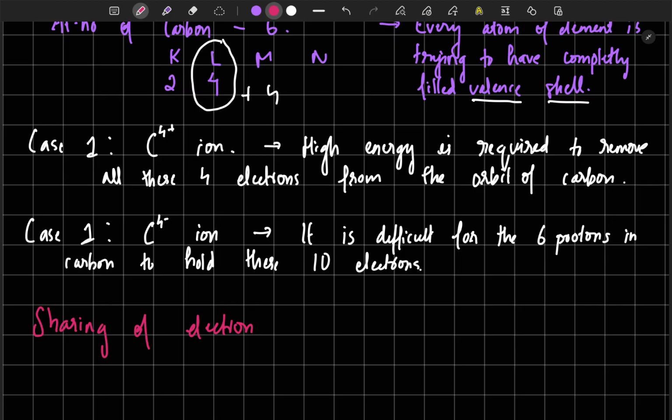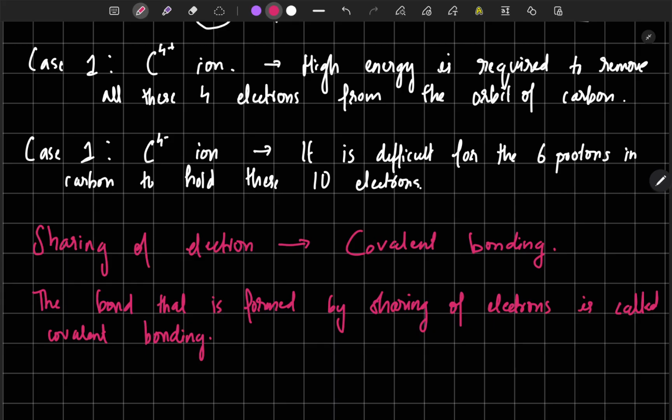That type of bonding which is formed by sharing of electrons is called covalent bonding. You should be able to say that carbon is forming covalent bonding. This is the definition of covalent bonding: a bond that is formed by the sharing of electrons.